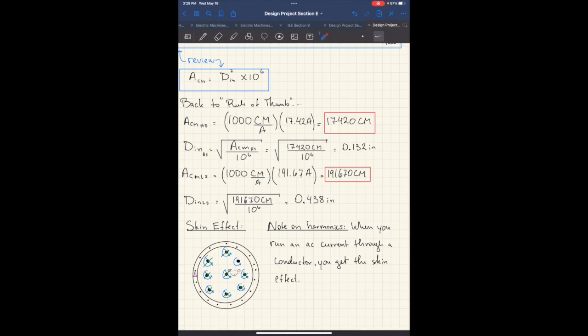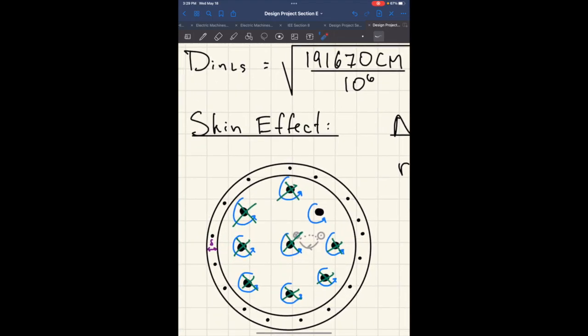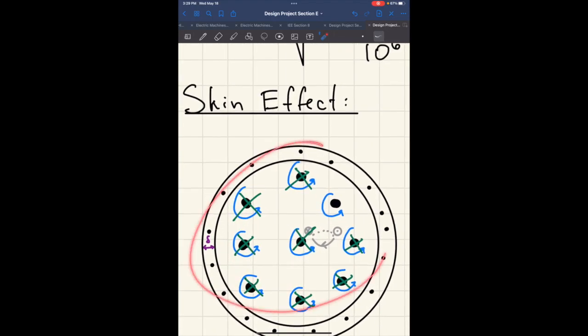Now, what if, instead of making this just one big solid piece of copper like this, what if I made the conductor to be exactly this diameter? If I were to do that, there would be no skin effect because it's too small. It wouldn't be able to cancel out stuff in the middle because it's exactly the size of the skin depth.